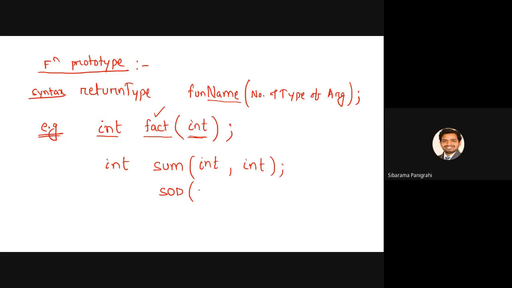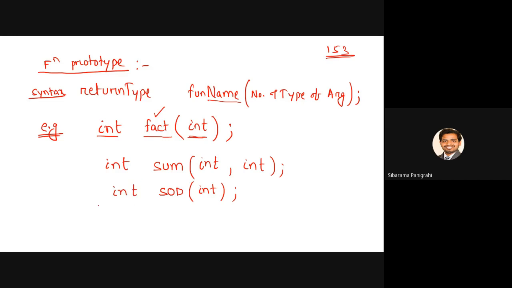So input a number means it will take a single argument of integer type. And sum of digit, what will it return if you have inputted the number 153? 1 plus 5 is 6, 6 plus 3 is 9. So the return type will be an integer.